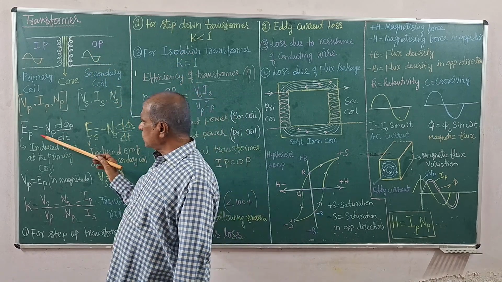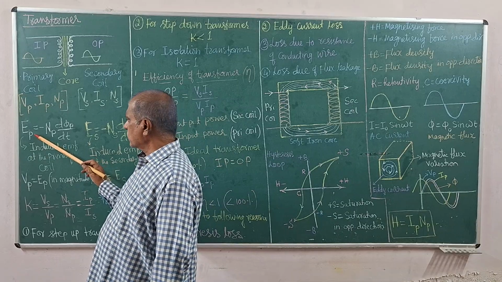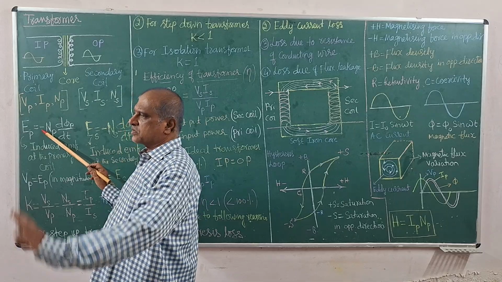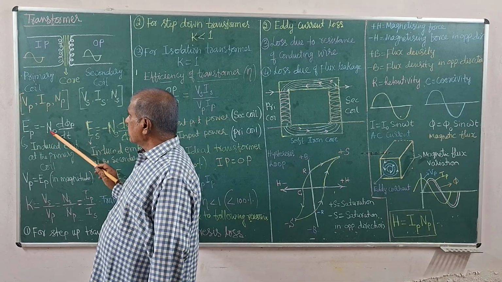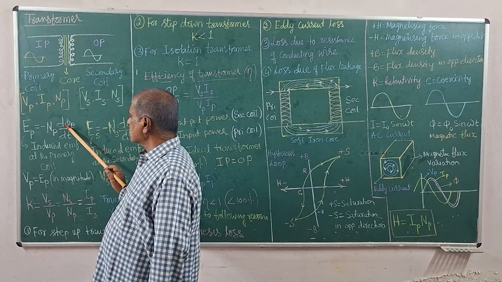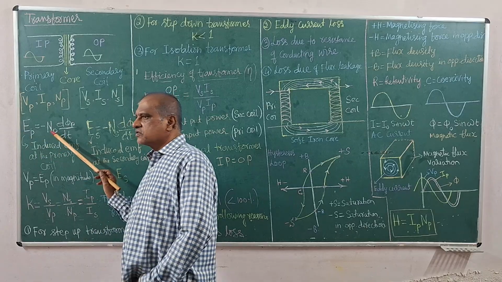The voltage induced in the primary coil, also called self-inductance, equals minus because of the opposite direction. It depends on the number of turns of the primary coil and the rate of change of flux in the primary coil. That is Faraday's law.